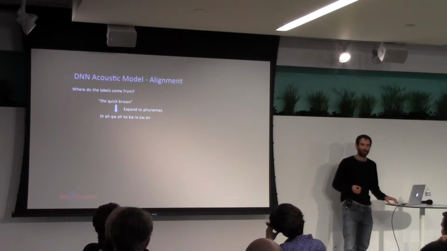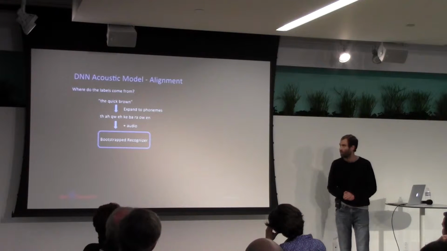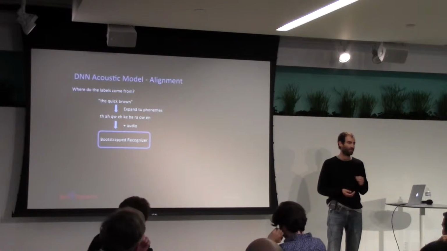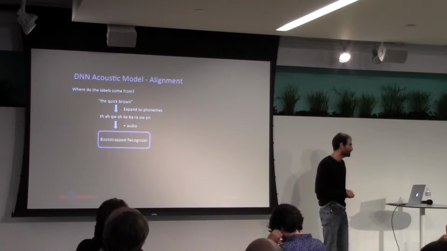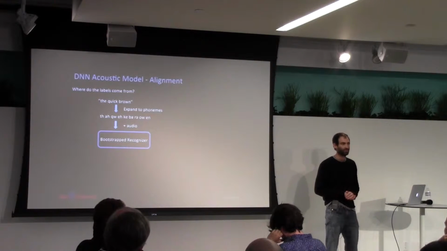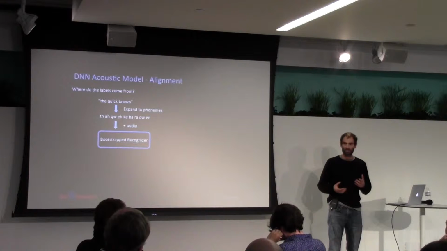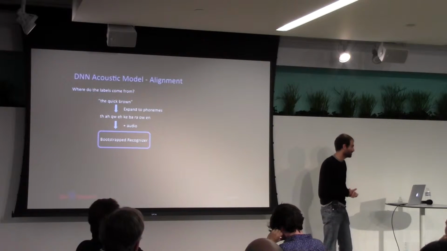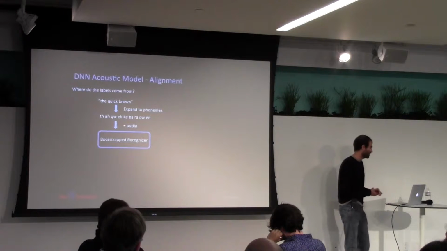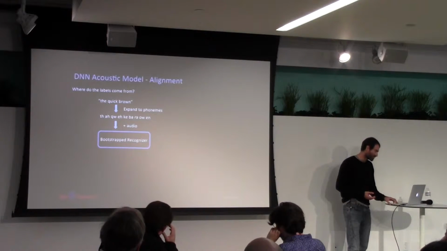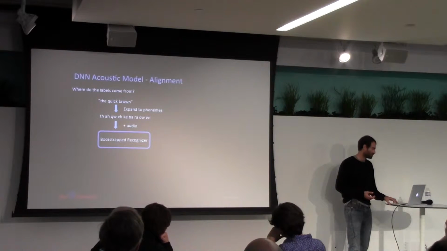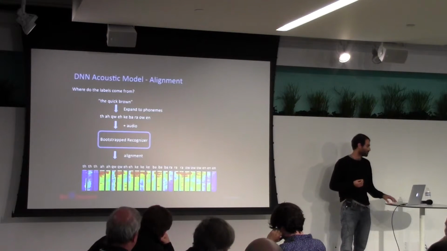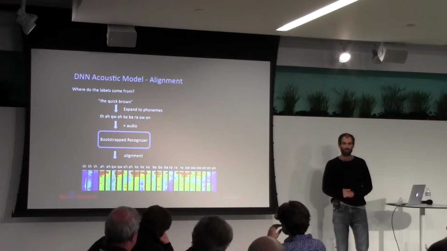We can take those phonemes and feed them along with the corresponding audio for this utterance into what I'll call a bootstrapped speech recognizer, which is essentially a speech recognizer that I've gotten from someone or made through some mysterious process. I can use this speech recognizer to align the phonemes to the data.